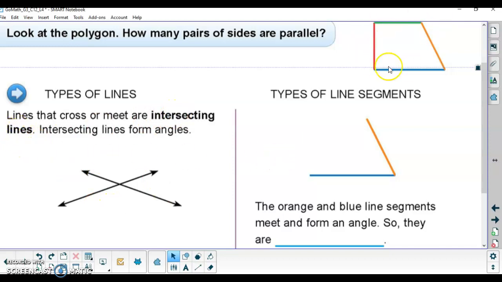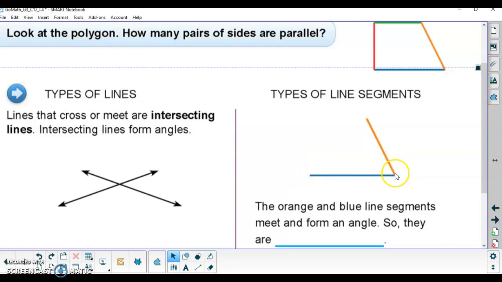lines. So if we look at this polygon shape over here, we can see that the orange and blue lines come together at this point. The orange and blue line segments meet and form an angle, so they are intersecting lines. That's what happens when two line segments come together.